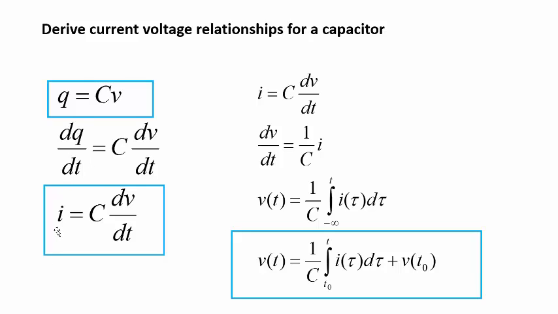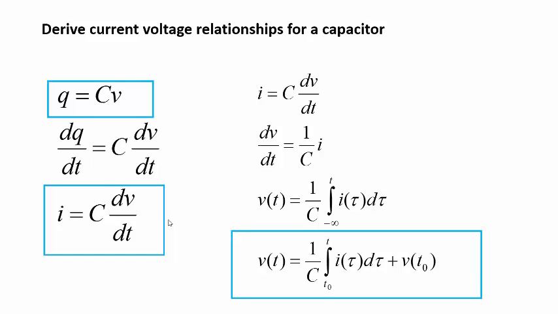So down here I've directly shown that that's equal to current. So current in a capacitor equals the capacitance times the time rate of change of the voltage, or dv/dt. So this is the differential form of the relationship between current and voltage in a capacitor.